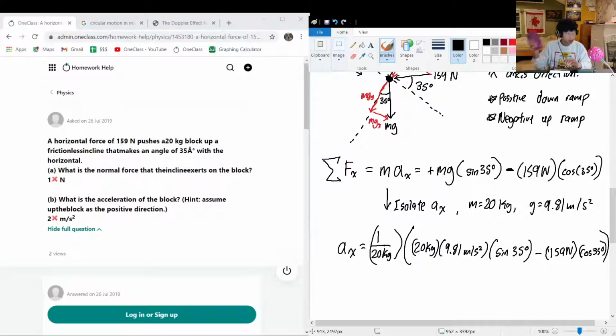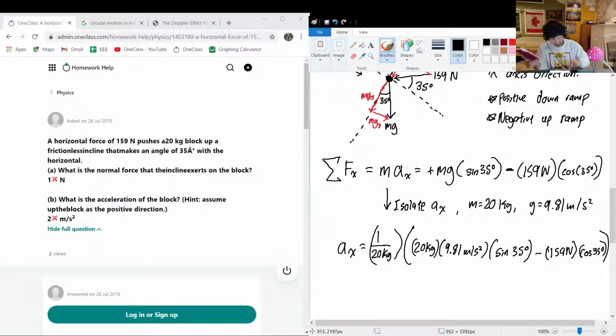Okay, and we'll ask our calculator what this is, because mental math is tough. So we're going to have 1 divided by 20, and that whole thing is multiplied by 20 times 9.81 times sine of 35 degrees, and that whole thing is subtracted by 159 times cos 35 degrees, close those brackets.